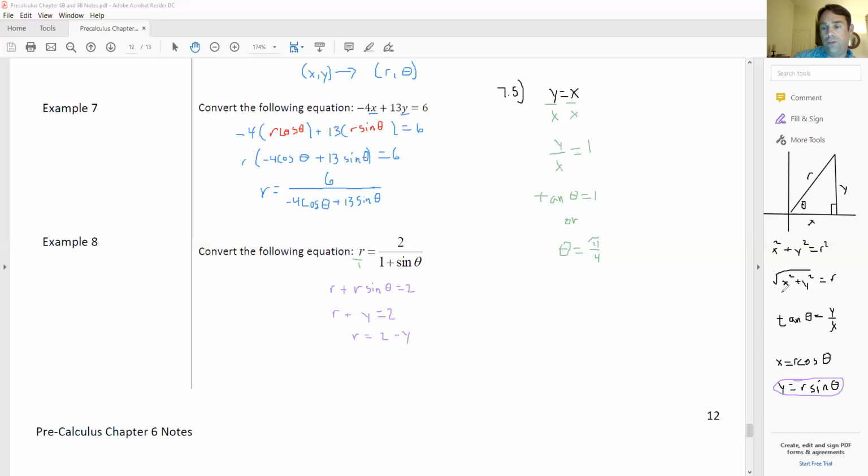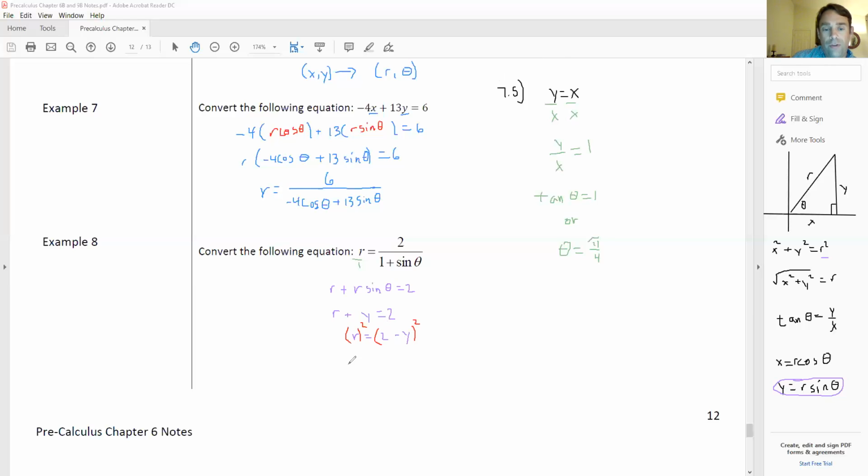I could do a square root, but I really want to avoid it. I do kind of like this idea of r squared. So what if I were to square both sides? So I square here, and I square here, like that.